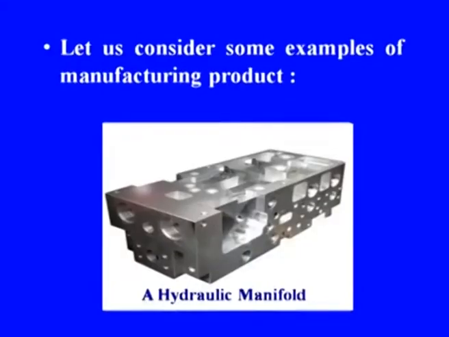Let us consider some examples of manufacturing product. A hydraulic manifold is a classic example of a manufactured product. It is a machined component generally made of mild steel, on which valves, fittings and hoses are seated.